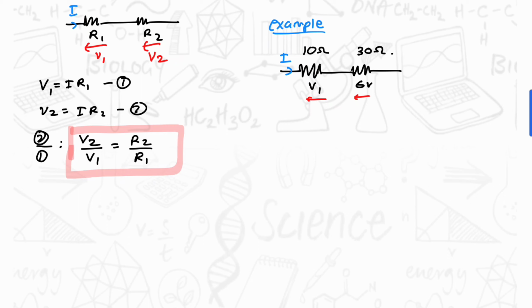The voltage drop across the 30 ohm resistor is 6 volts, and we have to find the voltage drop across the 10 ohm resistor. For this, we can write the potential difference ratio. V1 divided by 6 will be equal to the resistance ratio, that will be 10 divided by 30. Then if we simplify, we get 2 volts.